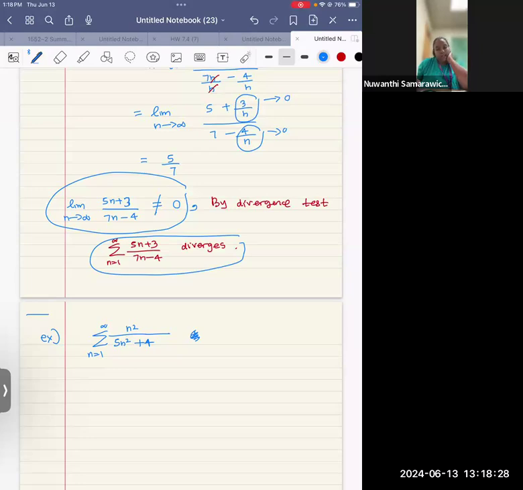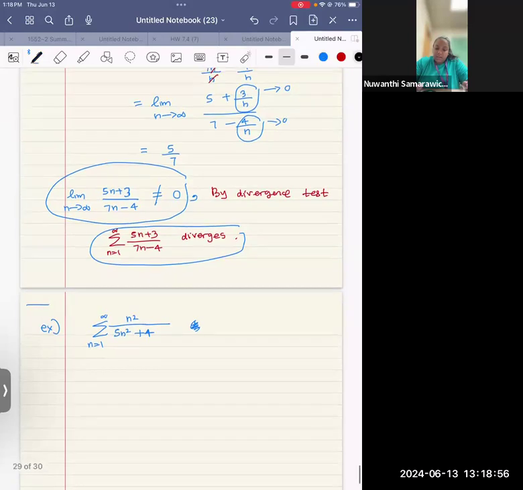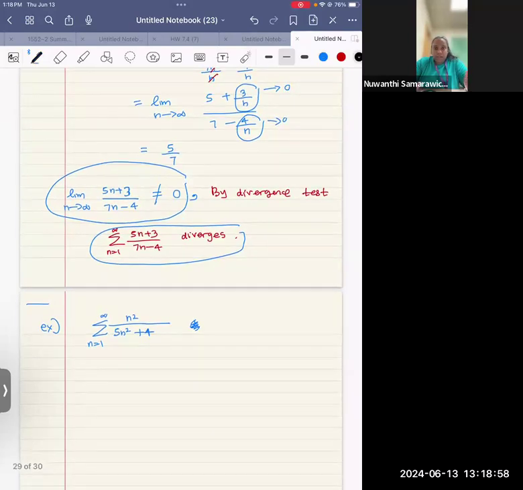Divergent. Okay, William says it's divergent. Others? Okay, Brady, Kami. Now I see correct answers. So this one is also the same thing as before.